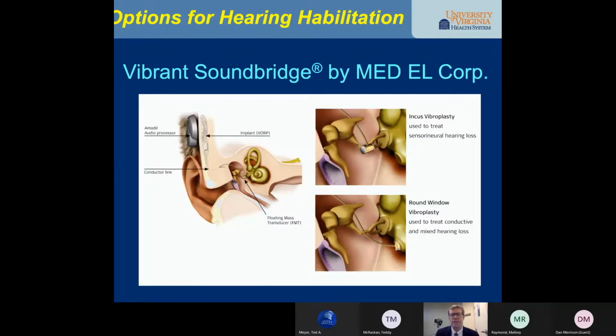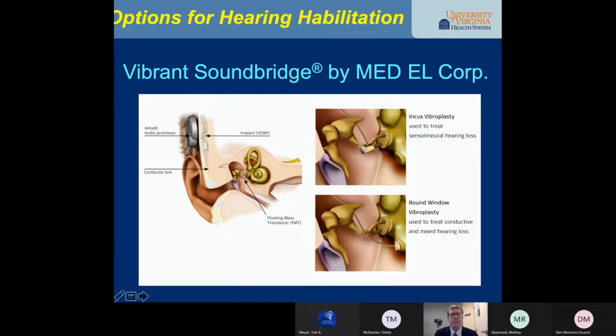The Vibrant Sound Bridge is not approved for aural atresia by the FDA in this country, but it has been used with success in Europe. There's a floating mass transducer that's placed at the incudostapedial joint or potentially even placed at the round window. I find in surgery, the round window is very difficult to access because the facial nerve comes around really tight. And it can be very difficult to expose the round window in aural atresia surgery.